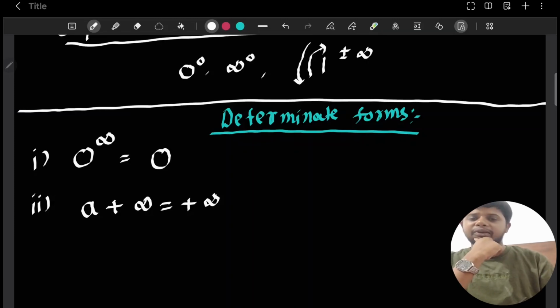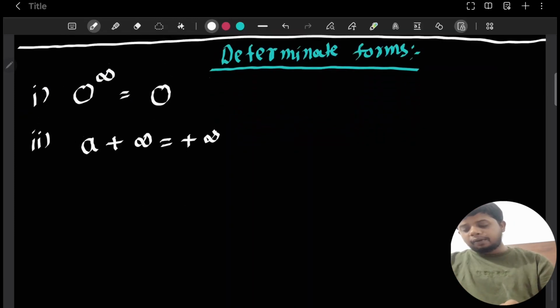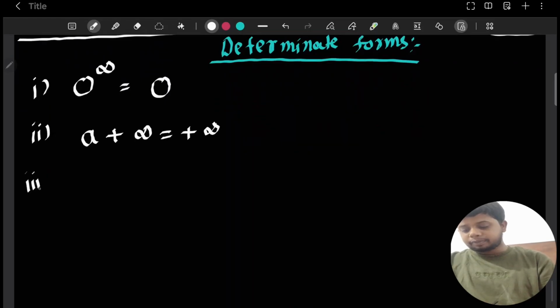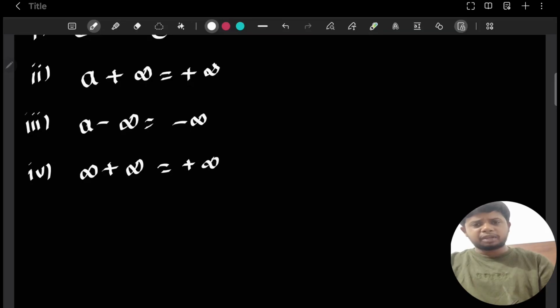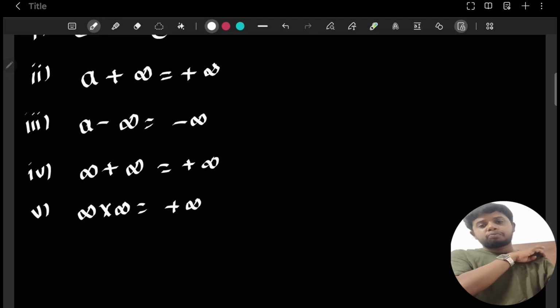Now can you tell me what is a minus infinity? You guessed it, minus infinity is always dominant. Again minus infinity. Now if I add two positive infinities, you'll get plus infinity only. If I multiply 2 infinity, what will we get? Plus infinity only. Correct.